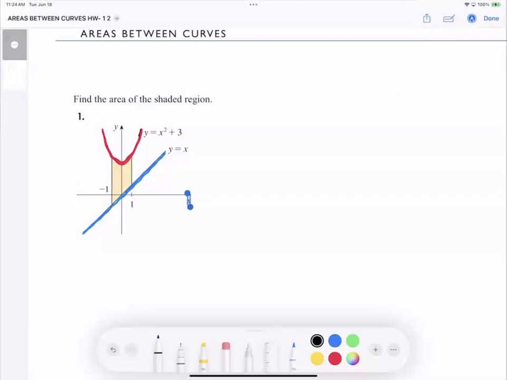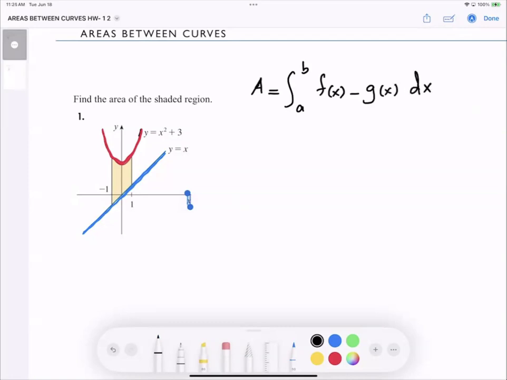To calculate the area, we need a definite integral. We know that the area is the definite integral from a to b of the larger y value minus the smaller y value with respect to x.